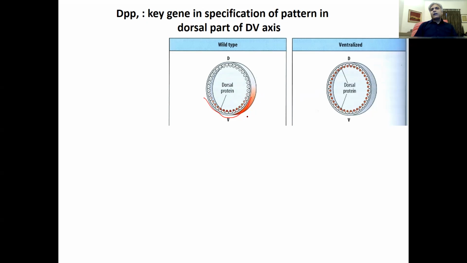Now, if you have a mutation in, let's say we talked about delta cactus, it means dorsal will move everywhere into the nuclei. We call such a phenotype ventralized. There are other mutants as well, not just cactus, in which dorsal may move into the nuclei all over the dorsal ventral axis, and we call such an embryo ventralized.